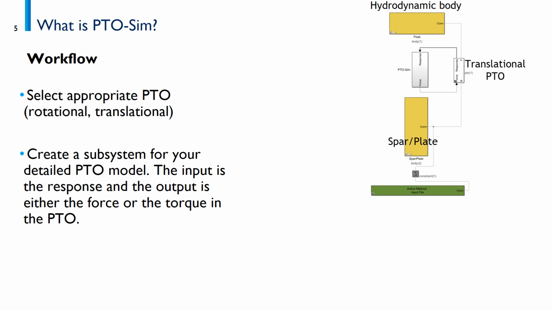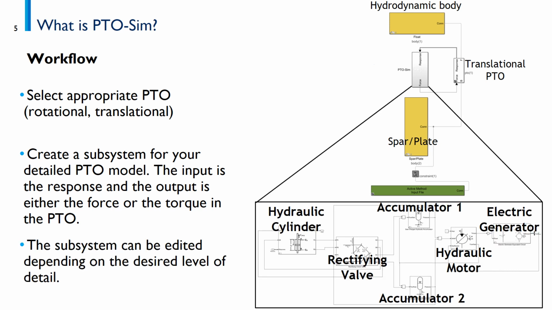The input is the response, and the output is either the force or the torque in the PTO, depending on the one that you selected, rotational or translational. And then this subsystem can be edited depending on the desired level of detail that you want for your model. Here in this subsystem is where you need to use the PTO Sim blocks.